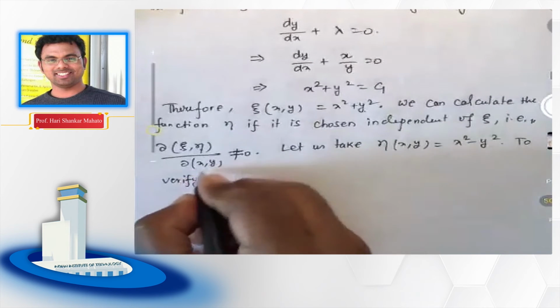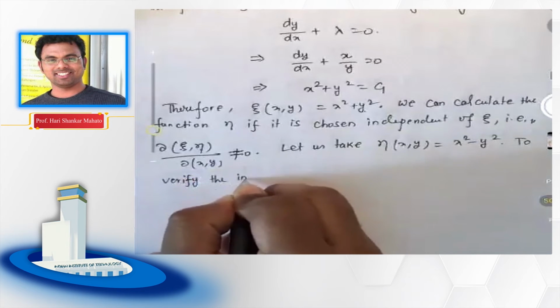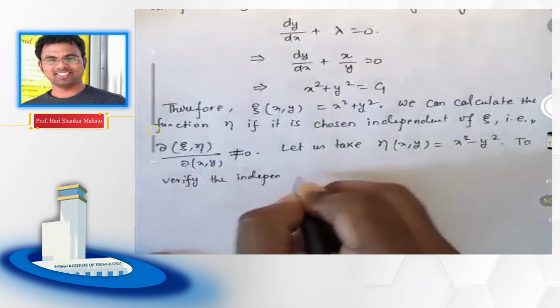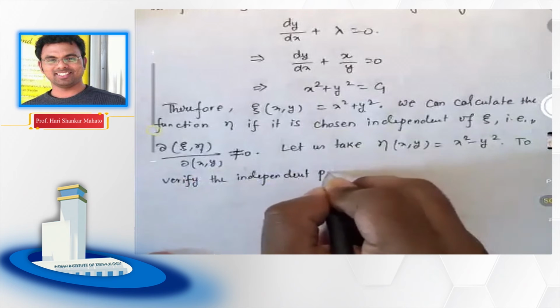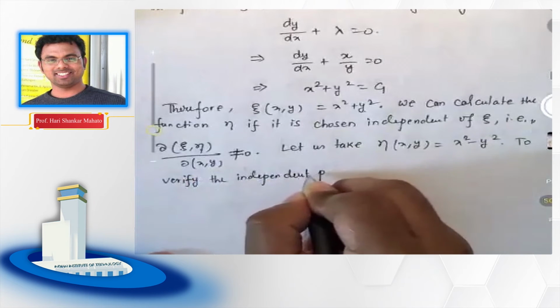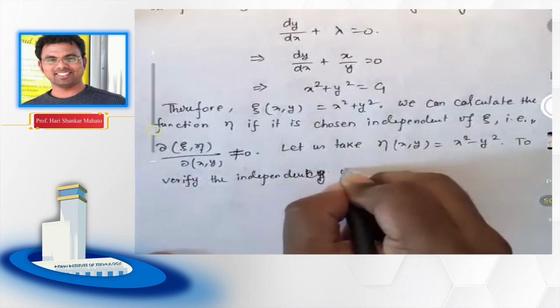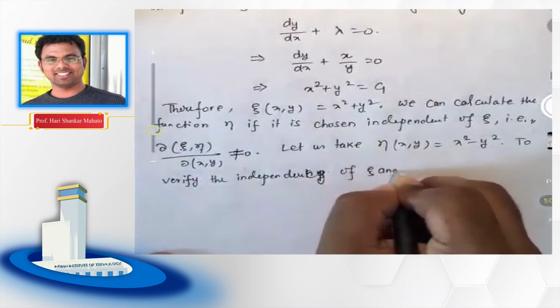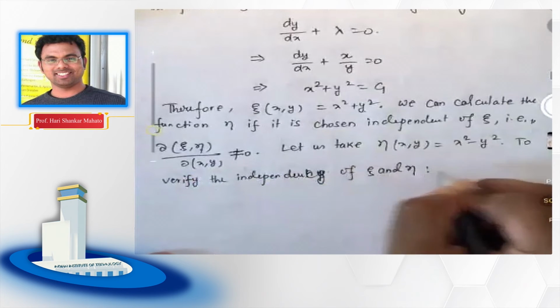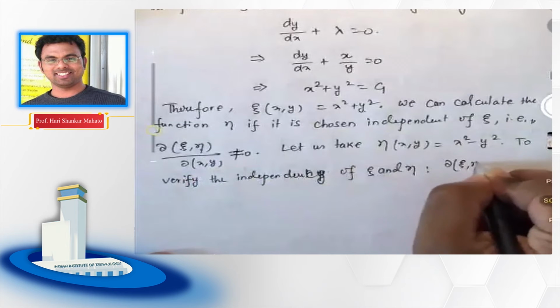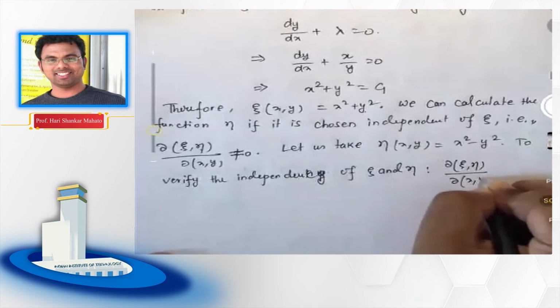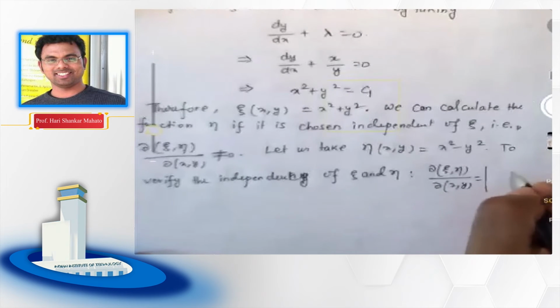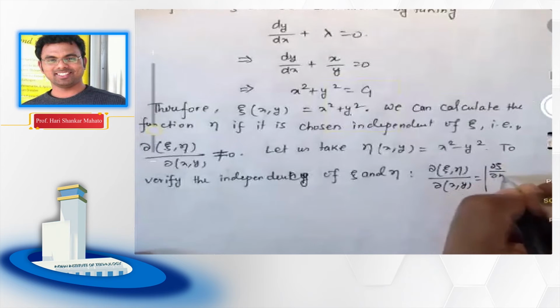To verify the independency of xi and eta, you just quickly check this Jacobian, del xi eta by del xy. So this is del xi del x, del xi del y, del eta del x, and del eta del y.